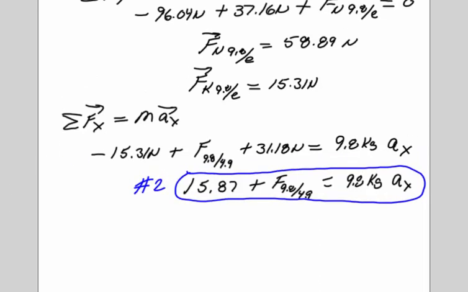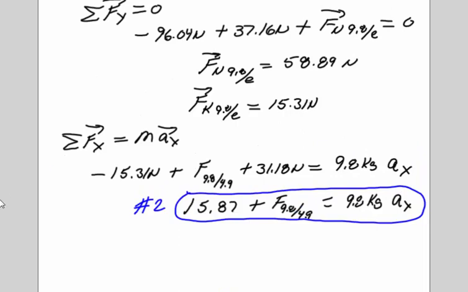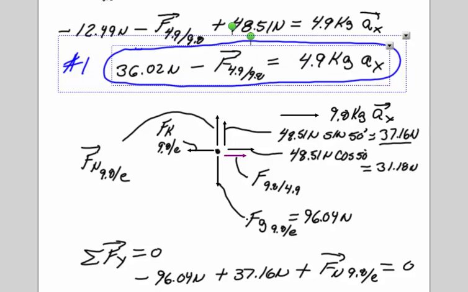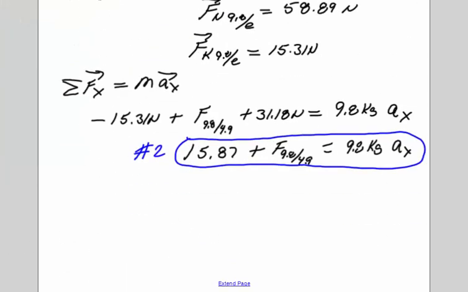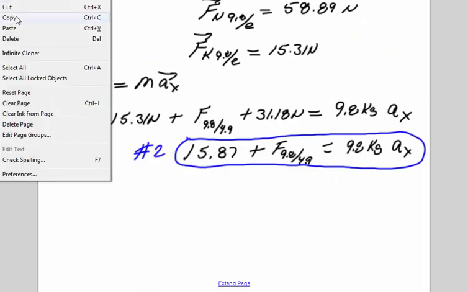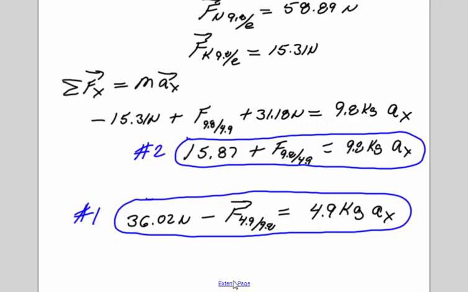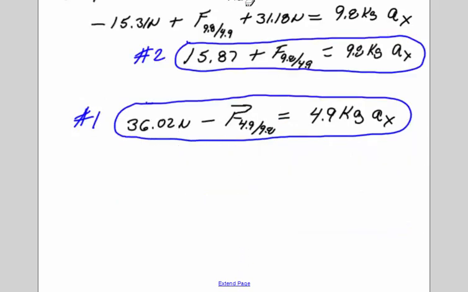Alright, so now how many unknowns do I have? 1, 2. I'll go up to the first equation, how many unknowns do I have? 1, 2. 2 equations, 2 unknowns. This problem can be solved. I'm going to grab this and bring it down below.